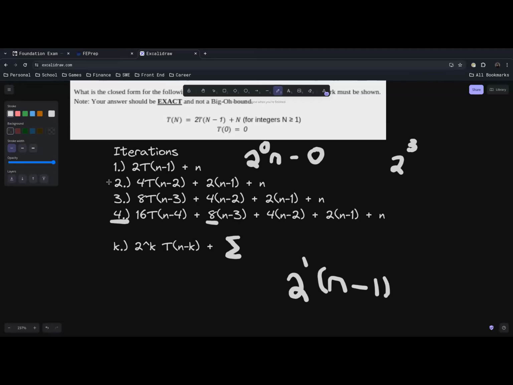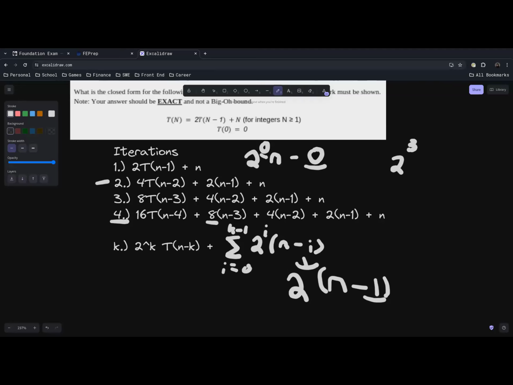So notice how in the case of 2, i is equal to 1. In the case of 1, i is equal to 0. So that is how we are able to know that it goes up to k minus 1 and it starts at 0. And then the relationship is 2 to the i of n minus i. So everyone's good to go ahead and see that type of relationship right there, right? Like we have this down.